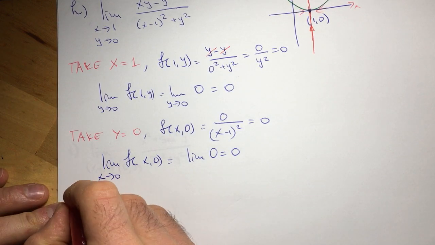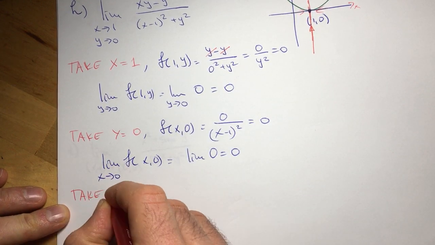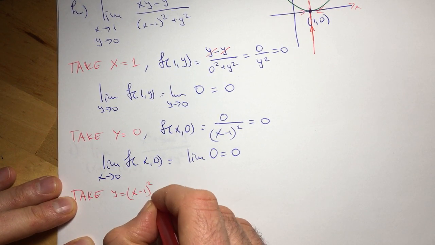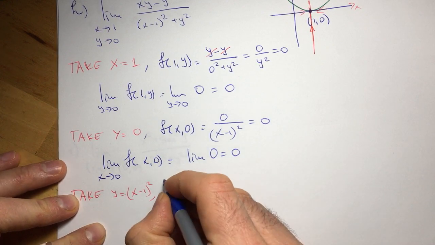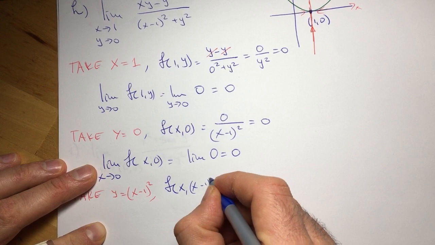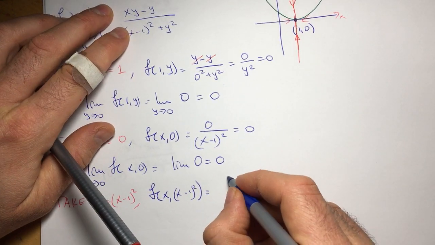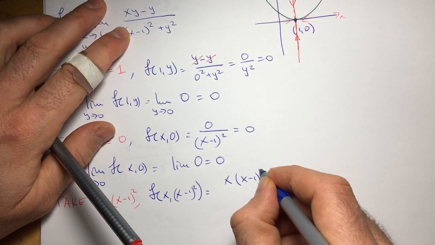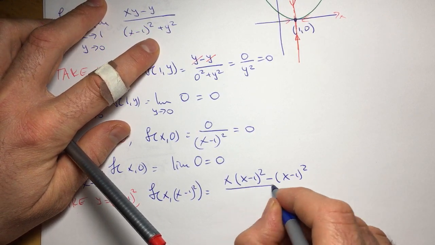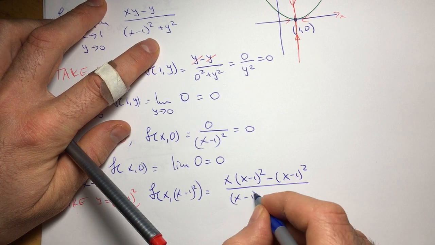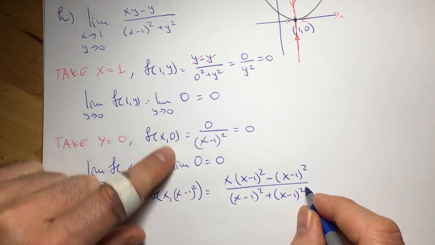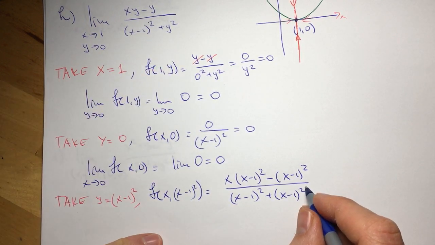So then f of (x, (x minus 1) squared) becomes what? x times (x minus 1) squared minus (x minus 1) squared over (x minus 1) squared plus ((x minus 1) squared) squared for y, right?